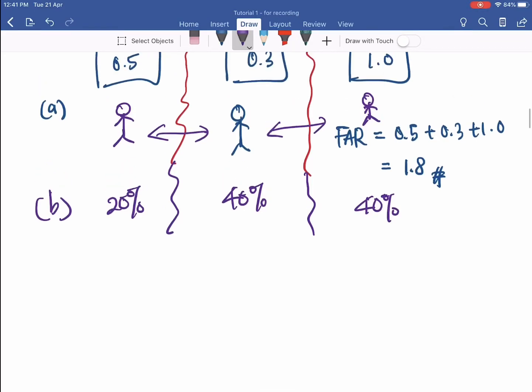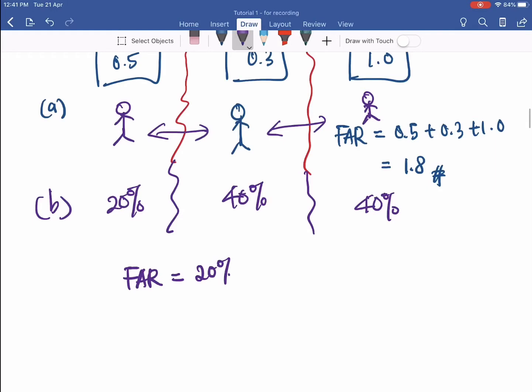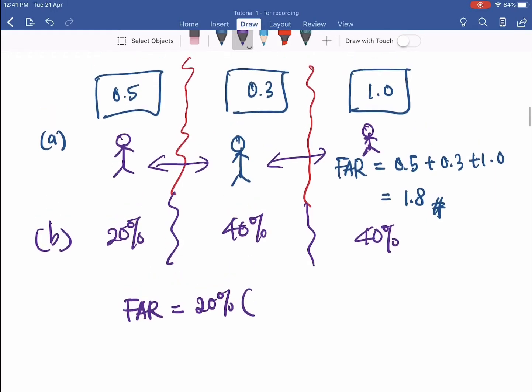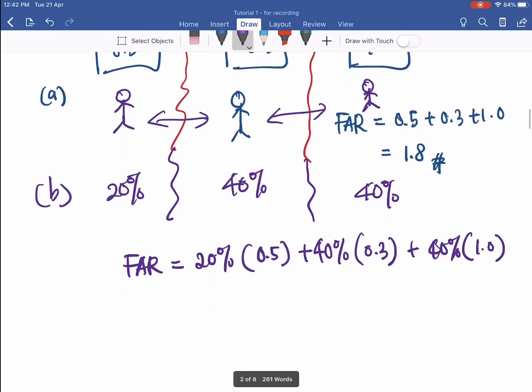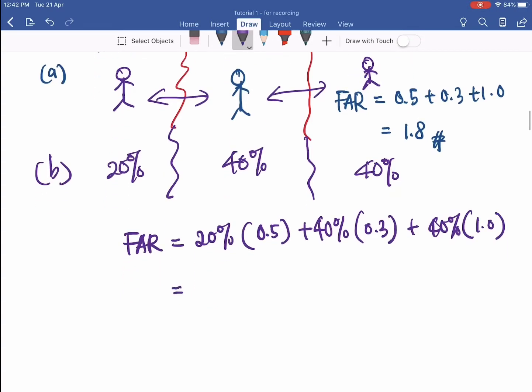So the overall FAR would then be separated. You have 20% of the time spent in area 1, where the FAR is 0.5, plus 40% times 0.3 in area 2, plus 40% at area 3, where it is 1.0, and then just write it out in the correct mathematical equation.